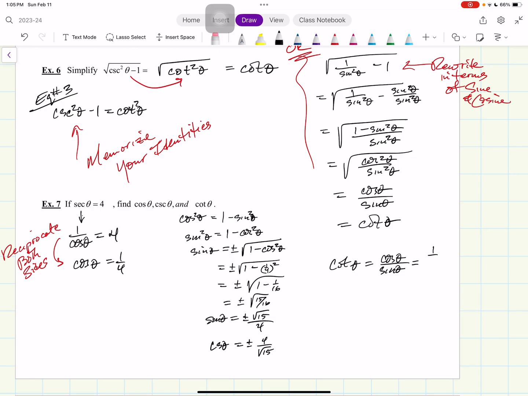So it's 1/4 divided by this other answer, plus or minus root 15 over 4. And then if you simplify that, you get 1/4 times the reciprocal, which is 4 over root 15. And then you get plus or minus 1 over root 15, because the 4's cancel. And I guess you get root 15 over 15.